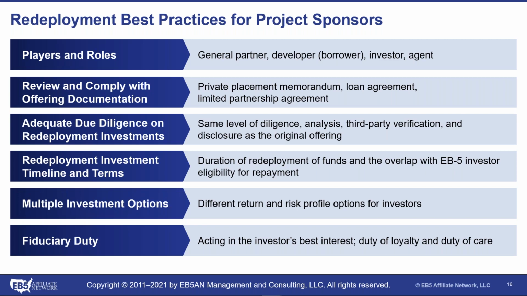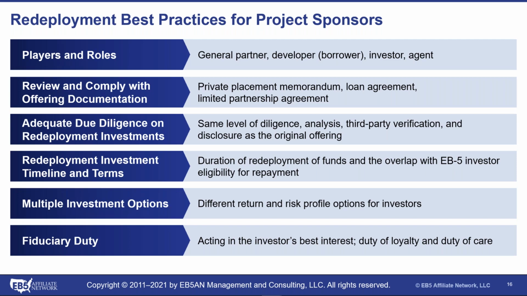During that period, you're going to consider hiring third-party consultants and assistants to help determine what projects you potentially want to redeploy in, and work together to put together that diligence package that's going to be required.